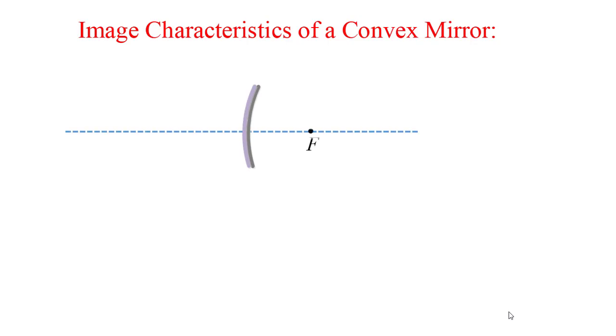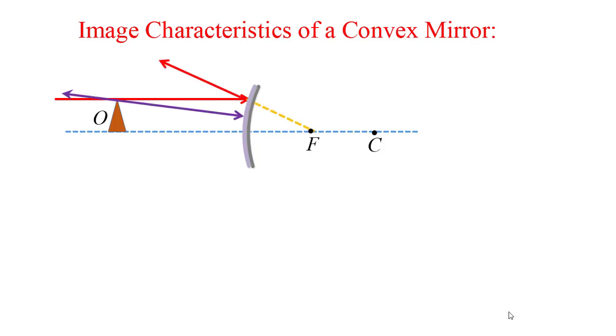This is the principal axis, focal point and center of curvature C. If this is our object, this ray is reflected as if it is coming from the focal point, and this ray is reflected back on itself because it appears as if it is passing through C. So this is the point at which the image is created.